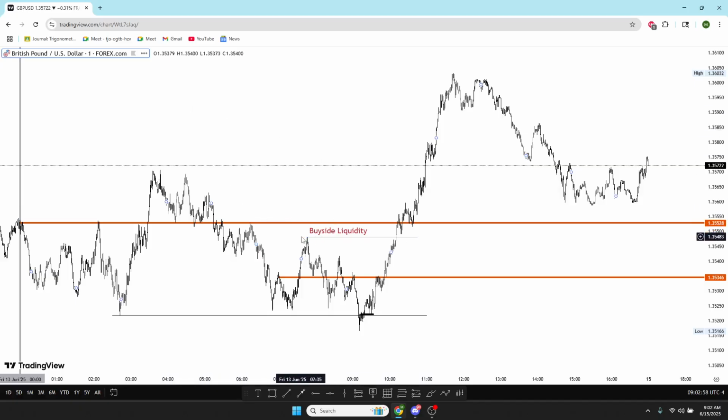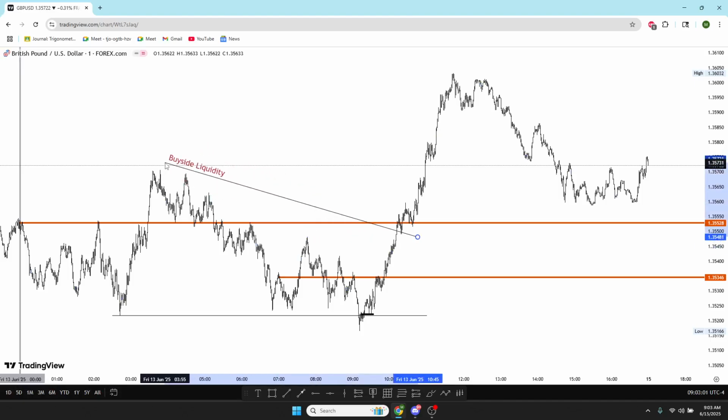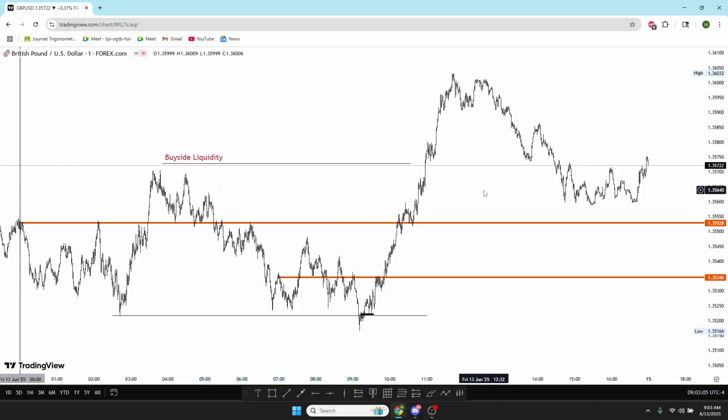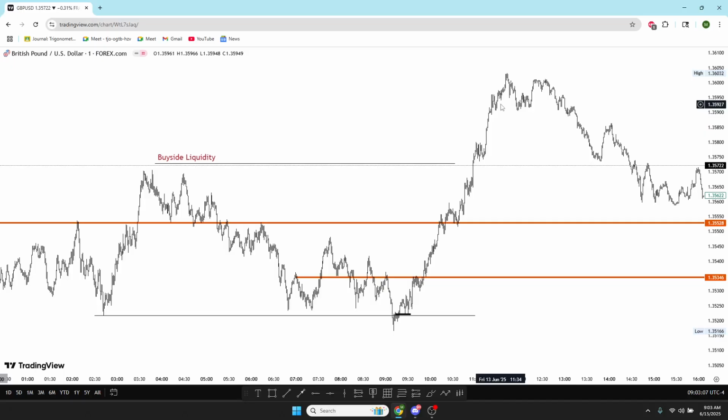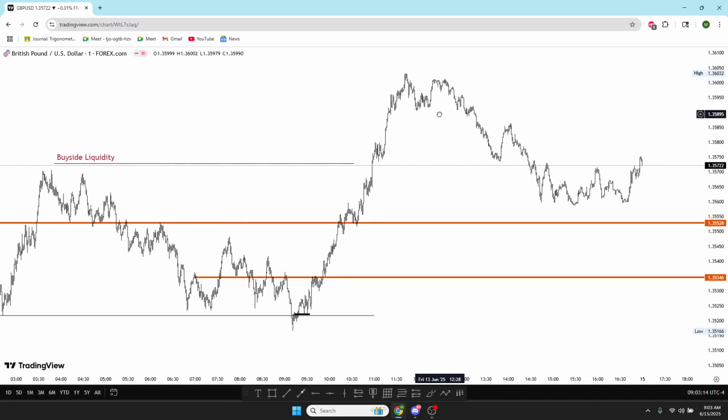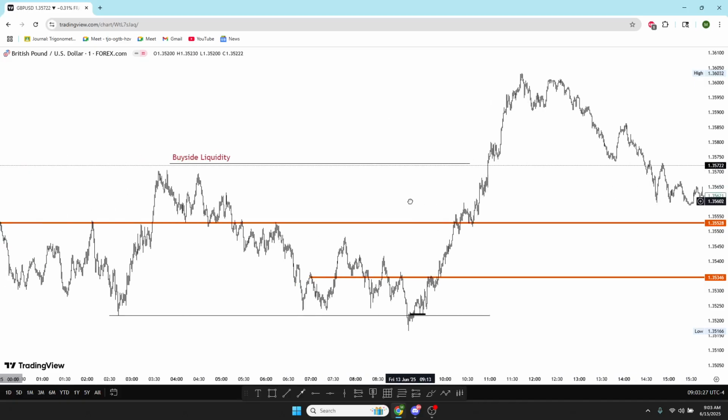But eventually, we take the full buy side liquidity pool, right? And to end the day around the end of the London close, 12. Then what does price do after the London close? We trade back down into the middle of the range from this low to this high, and we consolidate to end the day.